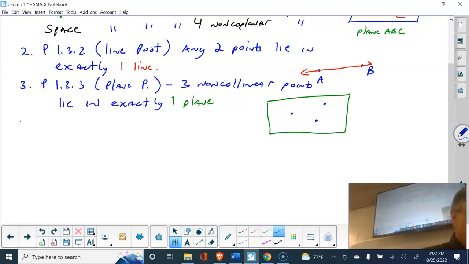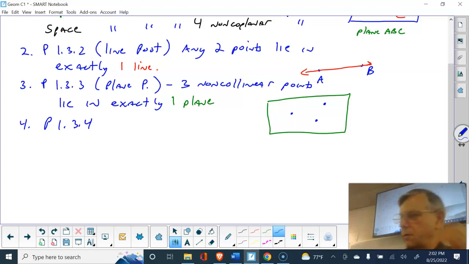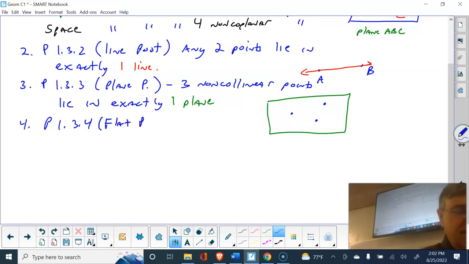Fourth one. This is the flat plane postulate.